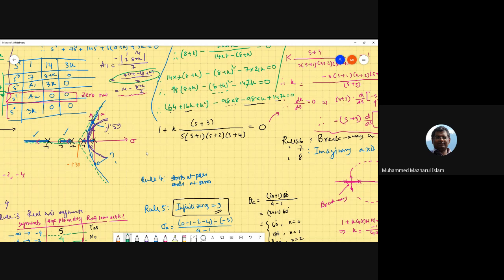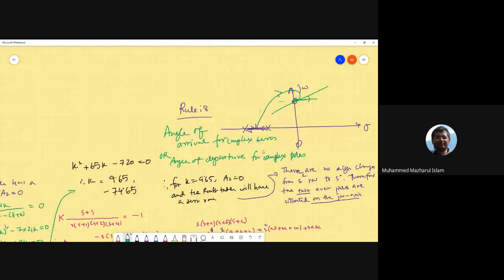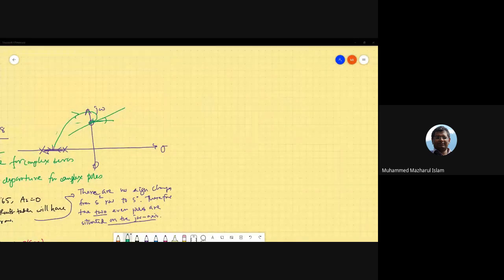However, sometimes you encounter breakaway points, imaginary axis crossing points, complex poles or complex zeros. For those systems, to draw those loci, you have to utilize rules 6, 7, and 8. Now, I didn't discuss rule 8 yet. I'll discuss it in the next class.